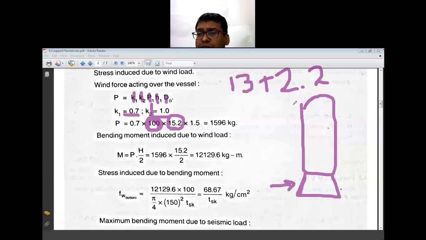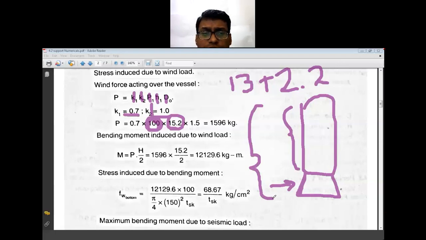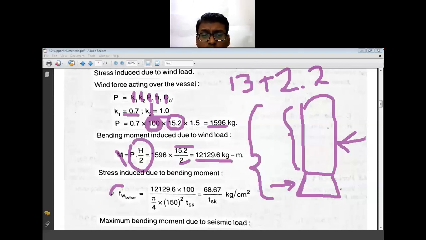So the wind force P is 0.7 into 1 into 100, which is the P1 mentioned up to the height of 20 meters, that is 200 kgs per meter square. And that is why we are writing here 15.2, which is nothing but 13 plus 2.2, where 2.2 is the height of the skirt and 13 meters is the total height of the vessel.